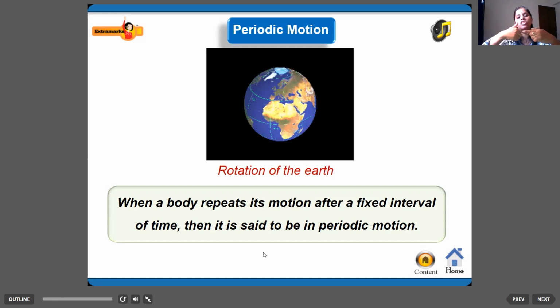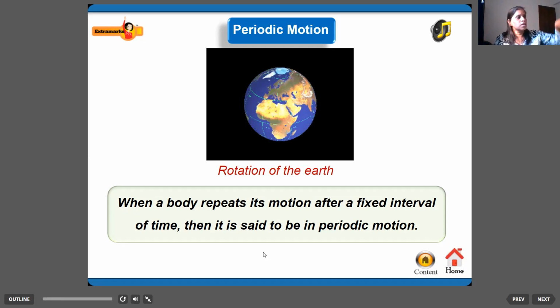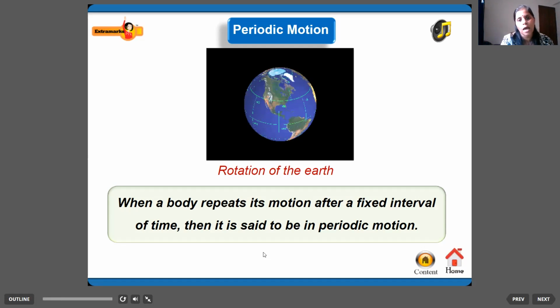Again, from the mean position, they go to and fro, and after a fixed interval of time, they come back to the mean position. That is again known as periodic motion. You would have seen the pendulum of a clock, which also moves to and fro from the mean position; it is also an example of periodic motion.